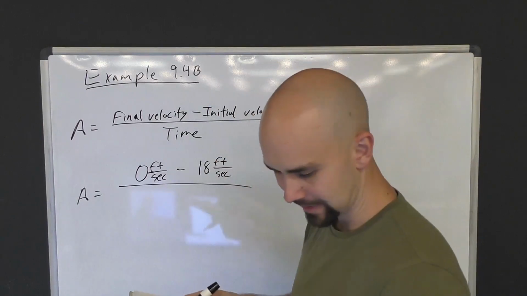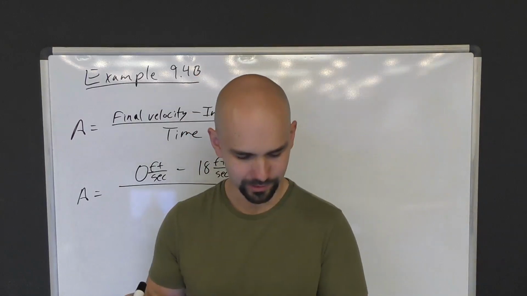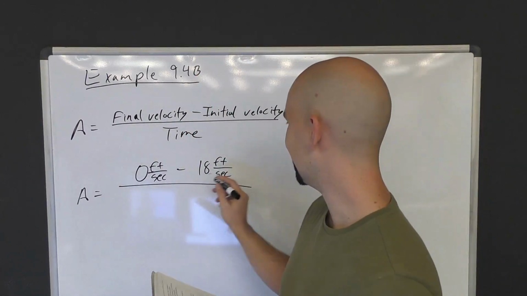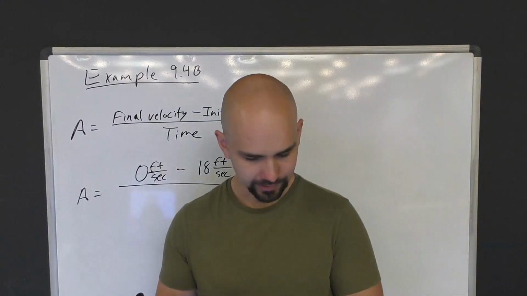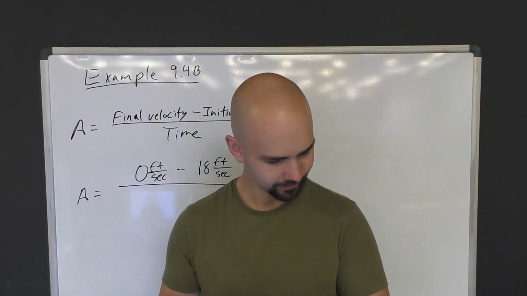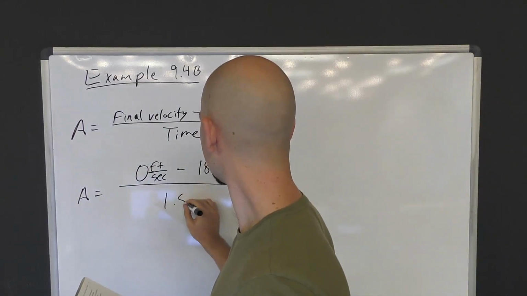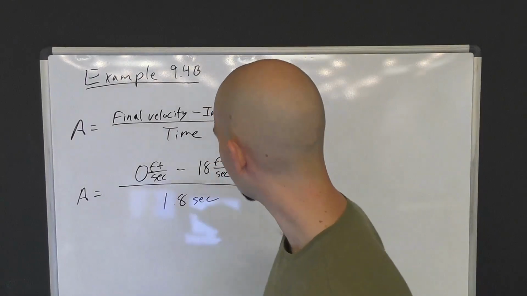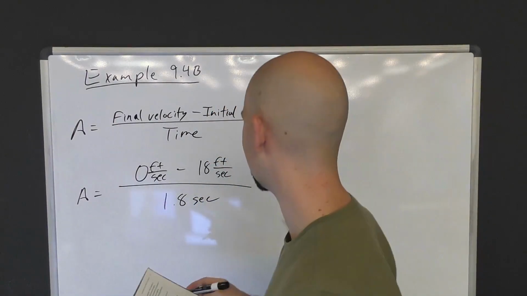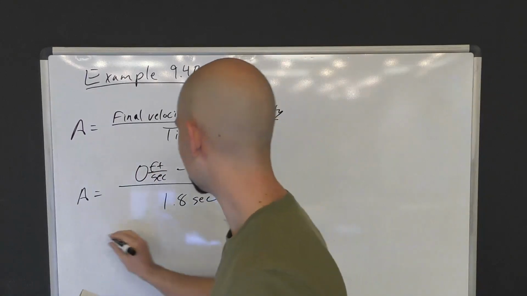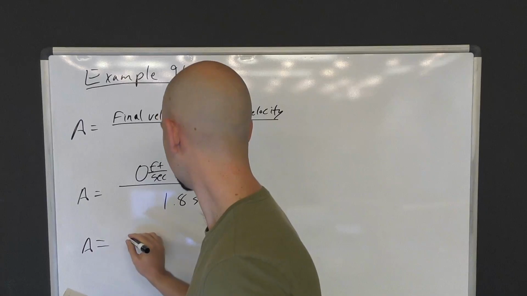Now we have to divide it by time, which is how long it took him to go from 18 feet per second to 0, and that was 1.8 seconds. All right, no unit conversions needed or anything. 0 minus 18 is, of course, going to be negative 18.